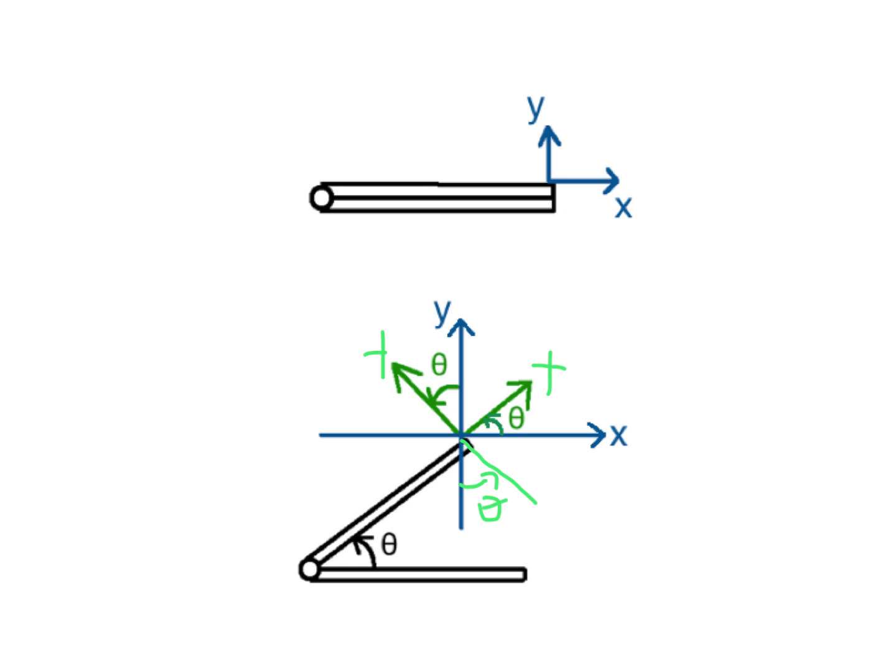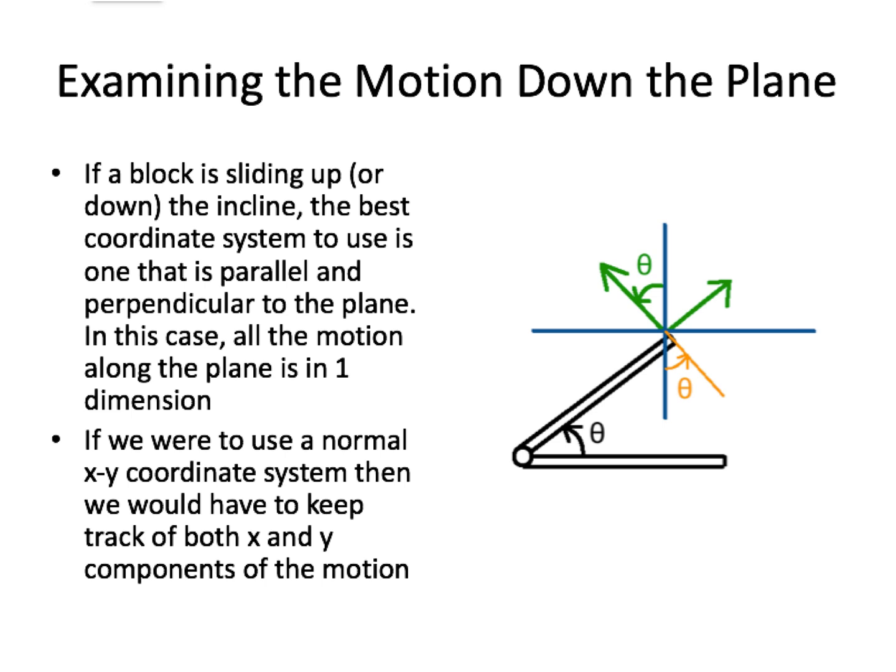That's what you need to be able to see: when I tilt my coordinate system from the old regular horizontal and vertical axes, my tilted axes are both tilted at the angle theta of the inclined plane. So in this slide, I've basically summarized the points from the last slide.